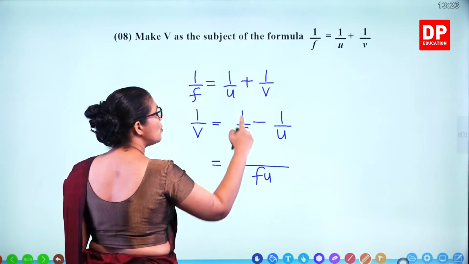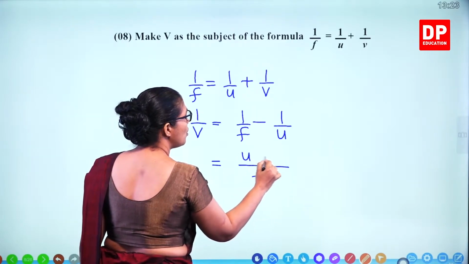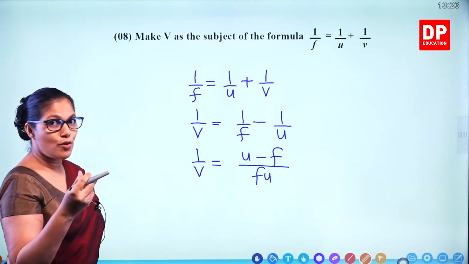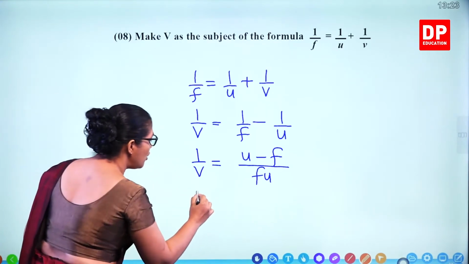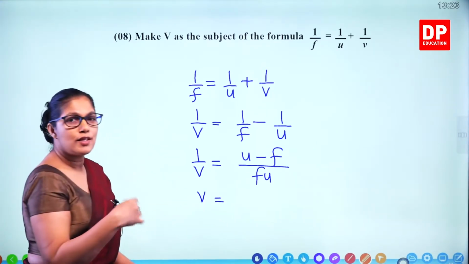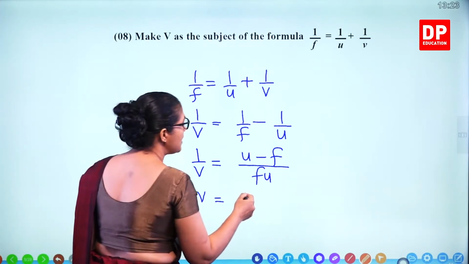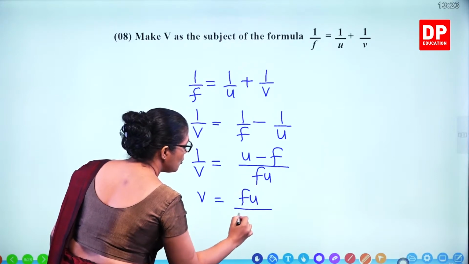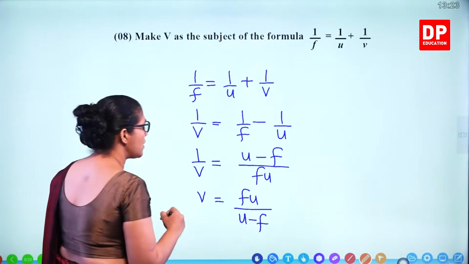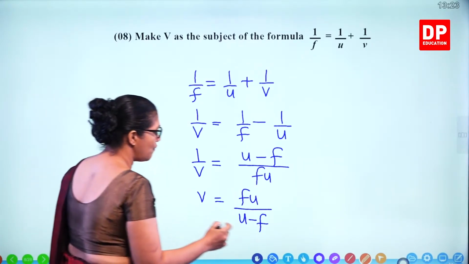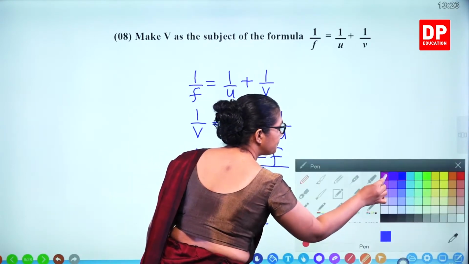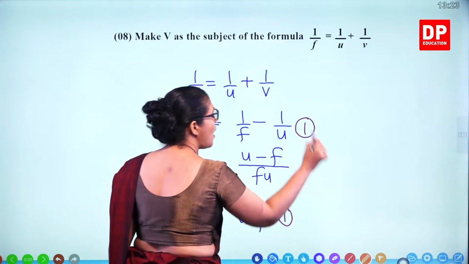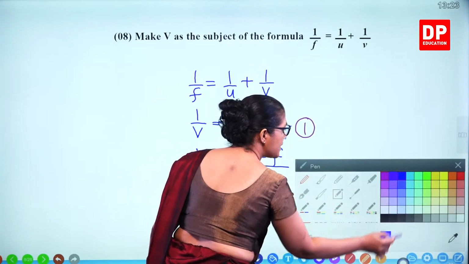That becomes U here, U times 1, U minus F, is 1 over V. We know that if you want V, you take the reciprocal. Switch upside down the denominator and the numerator. FU goes up, U minus F goes down. So V equals FU over U minus F. 1 mark for the accuracy and 1 mark for the method.